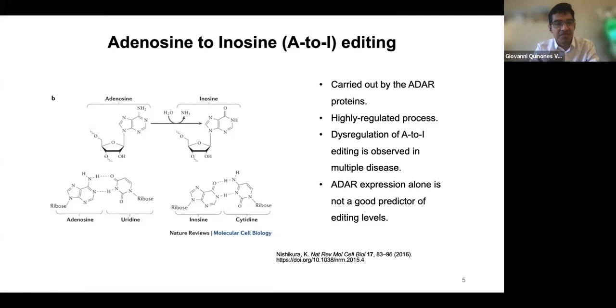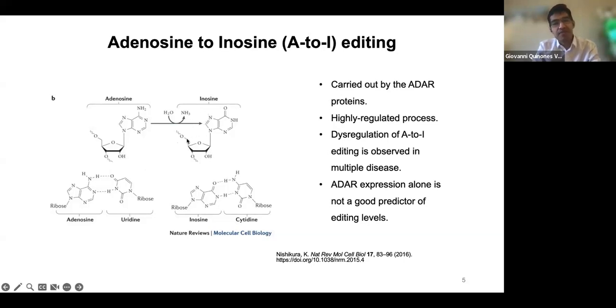This is the process by which an adenosine base is deaminated, so this amino group is removed and converted into a new base called an inosine. Now, this process is carried out by a family of proteins called ADAR.